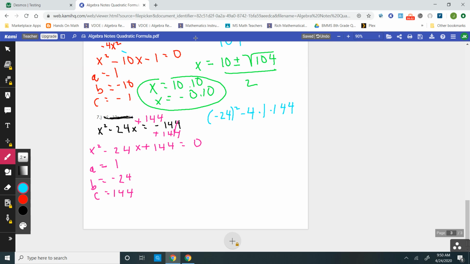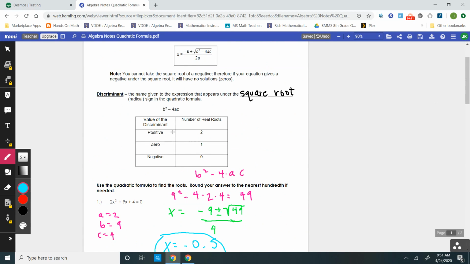If you evaluate this here, it will give you 0 for your discriminant. Because you got 0 under your discriminant, remember way back up here, then you'll have 1 root, and I'll show you how that works.